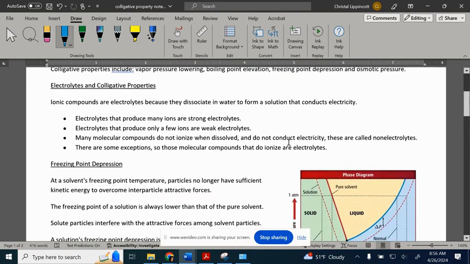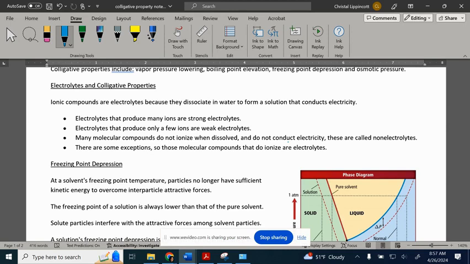Right? So these ionic compounds are electrolytes. They're going to dissociate in water. They're going to enable it to conduct electricity. Sometimes there are strong or weak electrolytes. We did a lab earlier this year where I gave you data about things being electrolytes. Remember that ionic compounds are going to become electrolytes.